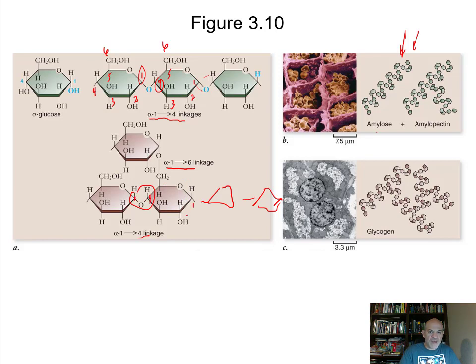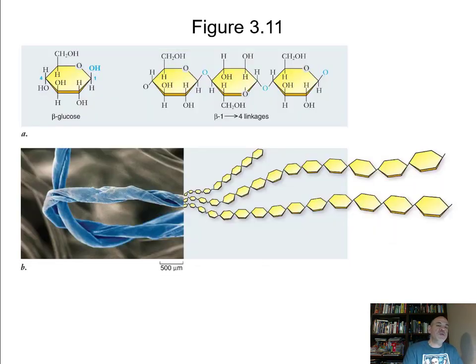But here we have 1, 2, 3, then this is number 4, then 5, and this is the number 6 carbon here. And then over here, this is the number 1 carbon. So this is going to be an alpha 1,6 linkage, and that gives you the branching off. So the difference between glycogen and starch is that glycogen is going to have a lot of branching off due to the 1,6 linkages as well. And then all we do is just have an enzyme to break it down, and then you can use the glucose for energy in your mitochondria to make ATP, in the cells and part of the mitochondria.